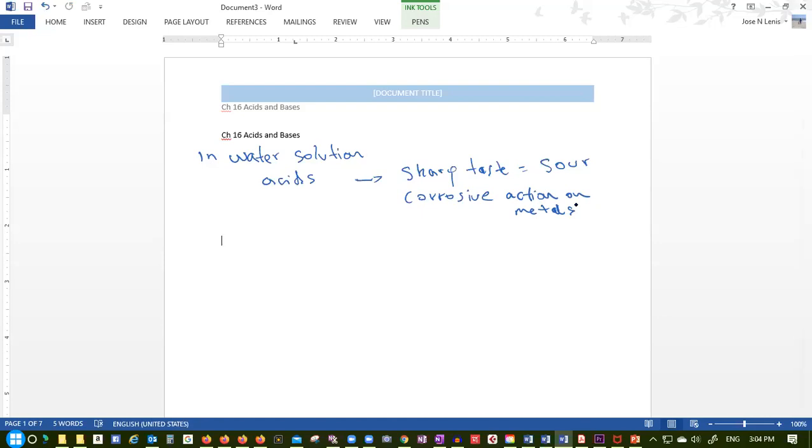Also, acids present another special property, something that is called effervescence.